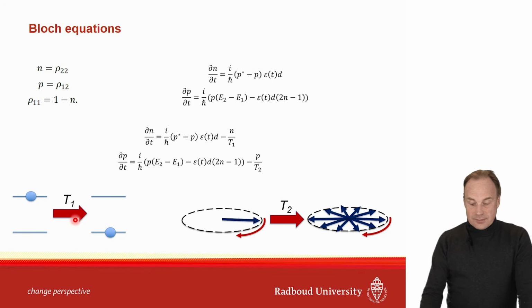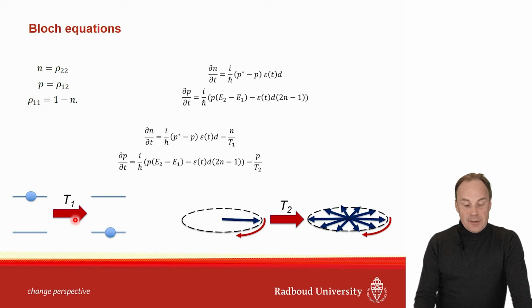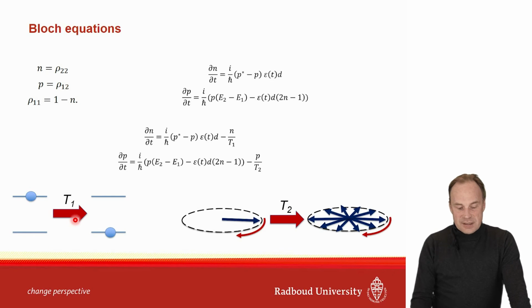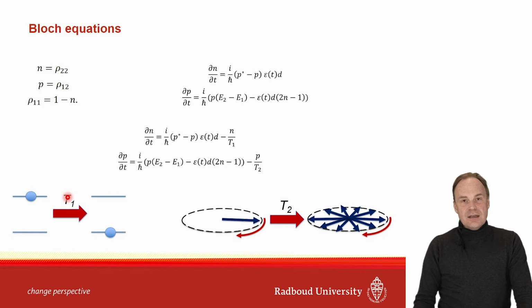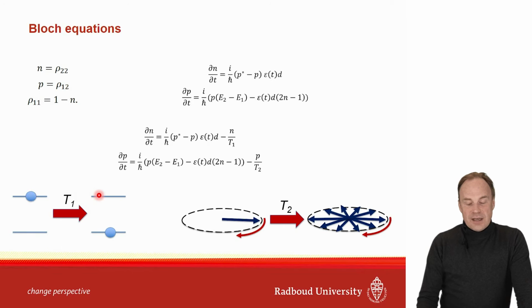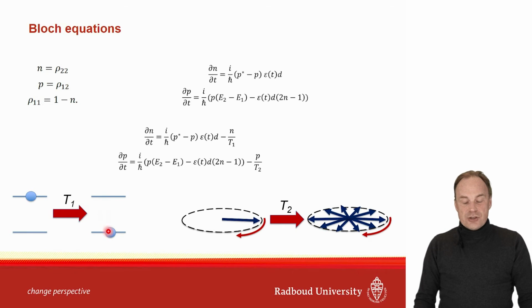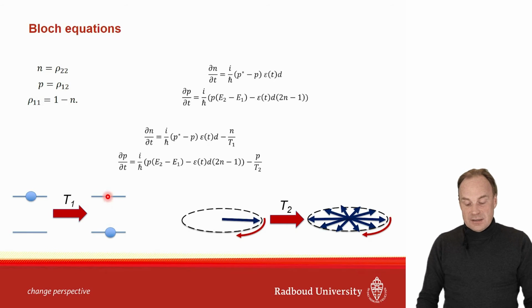And how should we interpret these two parameters? As I said, if you excite an ensemble of two-level systems, you bring electrons to the excited state, and the time T1 here will describe the time scale at which electrons will drop down from the excited state to the ground state.